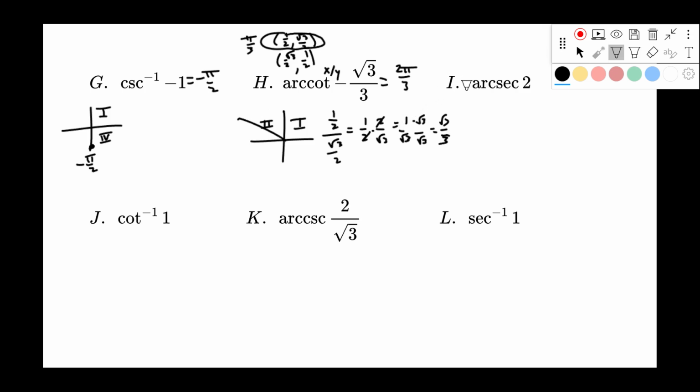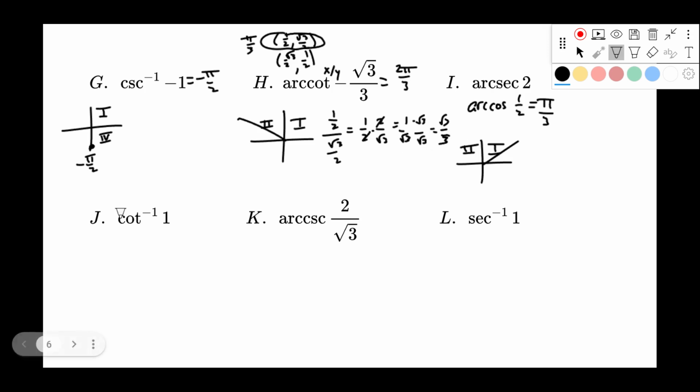Okay. Arcsecant of 2 is like finding the arccosine of a half. Same thing. So arccosine and arcsecant live in the same quadrants, 1 and 2. The angle is positive, so the answer comes from quadrant 1. Where is arccosine a half? That's at pi over 3.